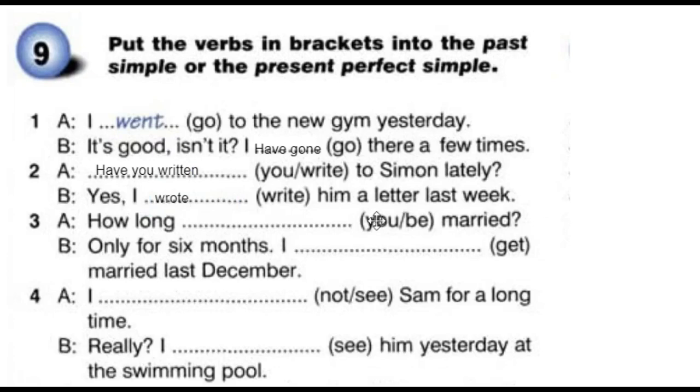Так, тепер. How long? Married. Okay, how long? So, this means it started in the past and is continuing in the future. Be is the verb of state. Бути – це дієслово стану.